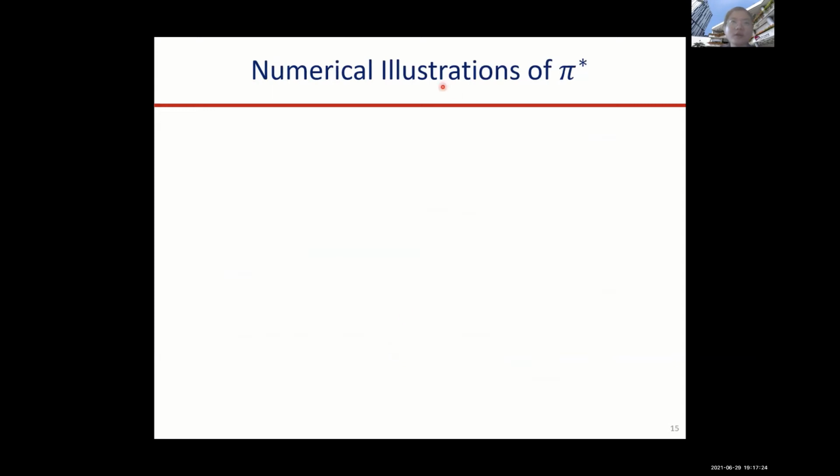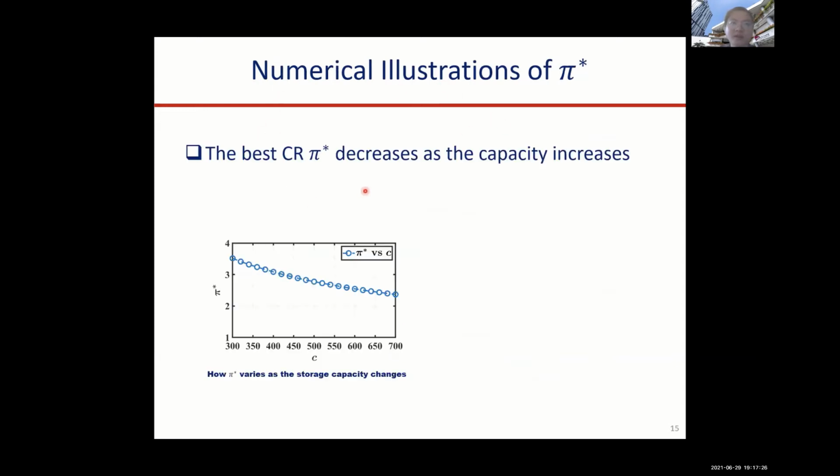Following are some numerical illustrations about the best possible competitive ratio. We see that as we increase the storage capacity, the best competitive ratio decreases. Actually, when the storage capacity is extremely large, the best possible competitive ratio will approach 1. This means that if we have enough storage, the performance in the offline setting where we have perfect future information and the online setting where we have no prediction are the same.